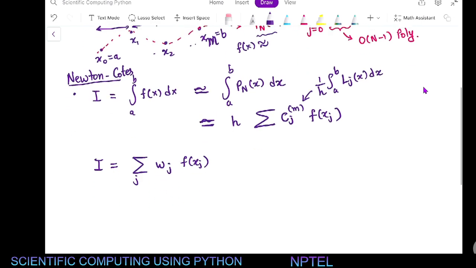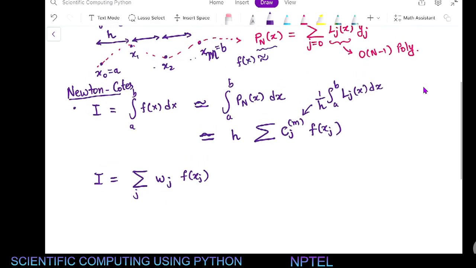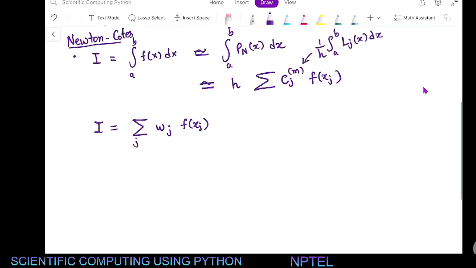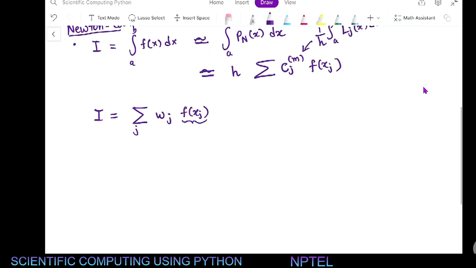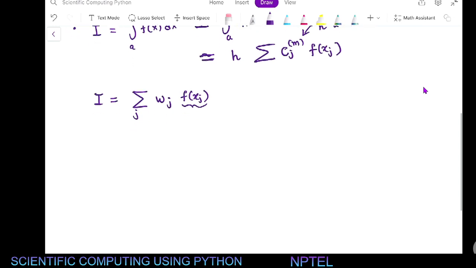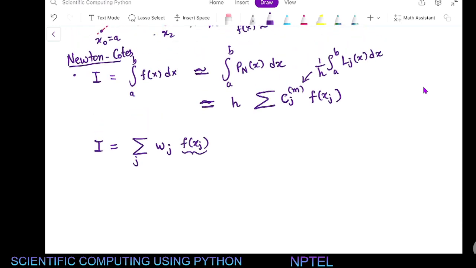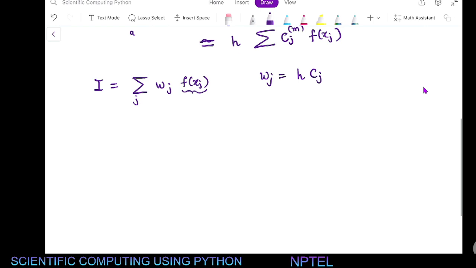So they are equally separated, and the integral is a linear combination of this f of xj. In the case of Newton-Cotes, wj is just h times cj. So that's one thing. Then you can look at the properties, and we can do examples.